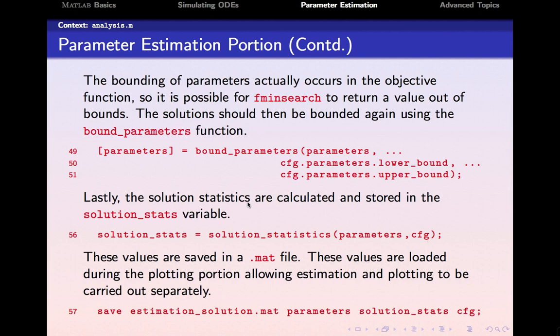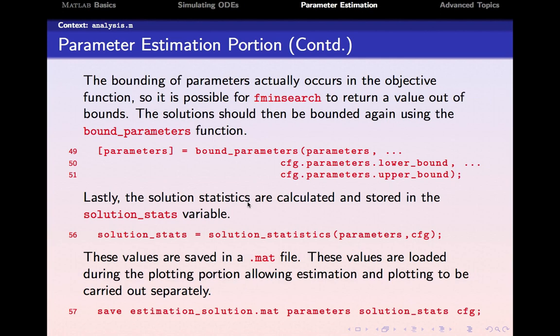In order to bound the parameters, the calculate objective.m file, the function that calculates the objective, truncates your parameters above or below their bounds. So if your parameter goes below the bounds, it's evaluated at the bounds.